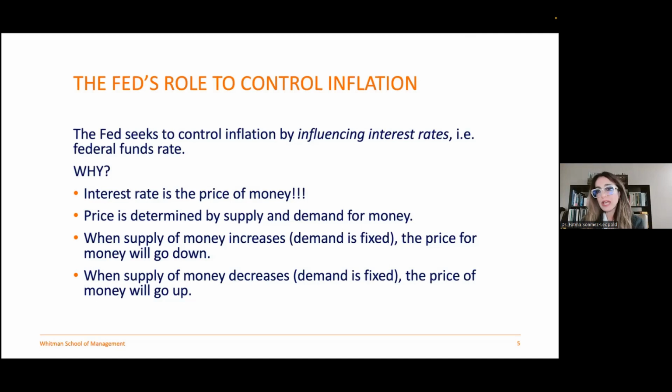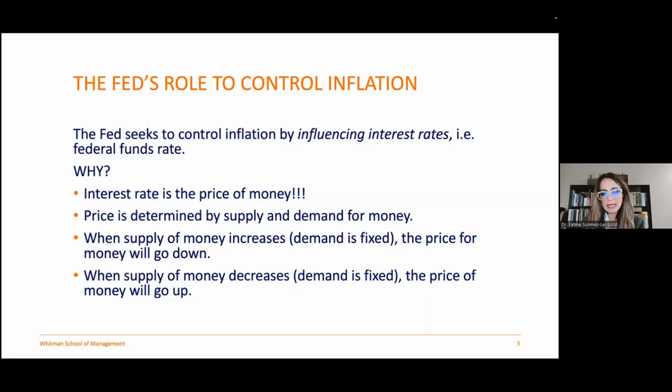The price of any goods and services is determined by supply and demand. In this case, because we are looking at the price of money, it is determined by the supply of money and demand for money in the economy.